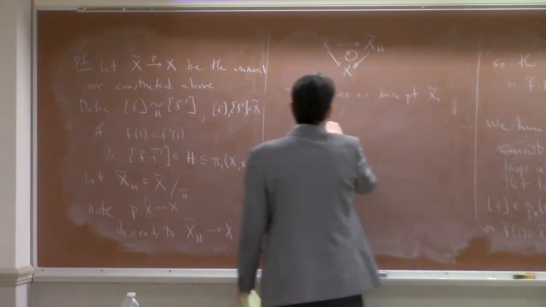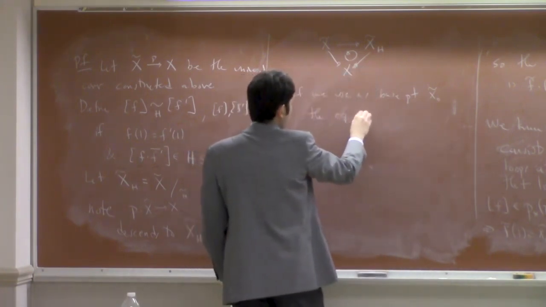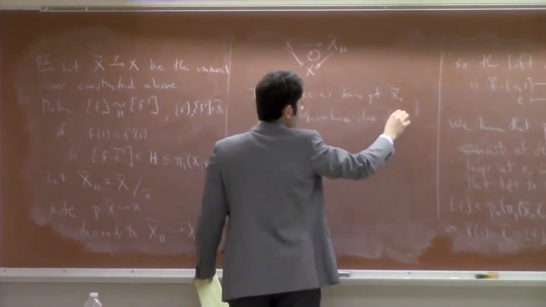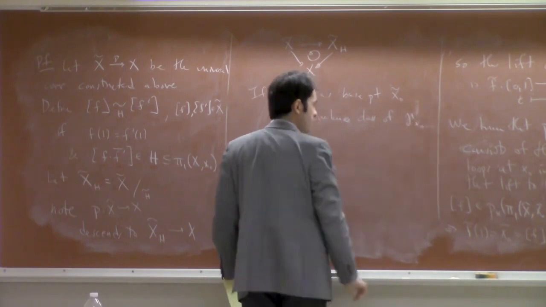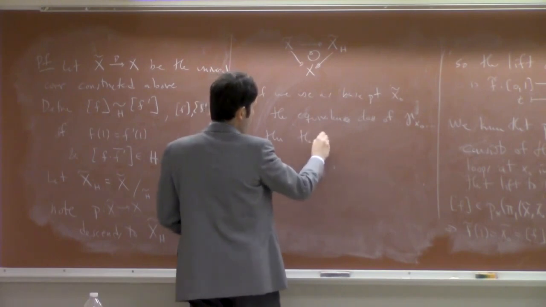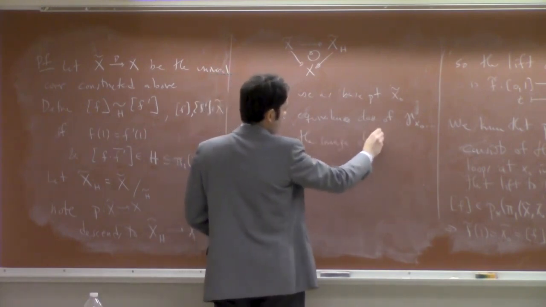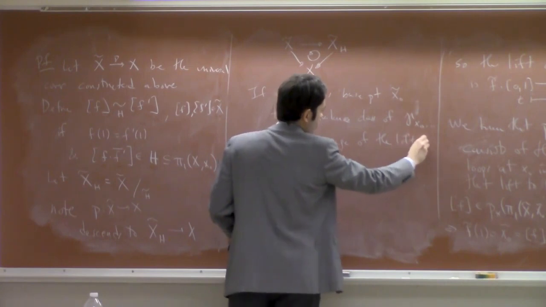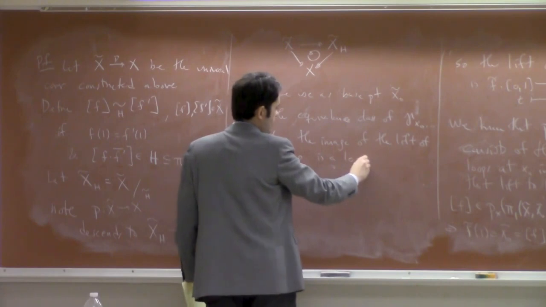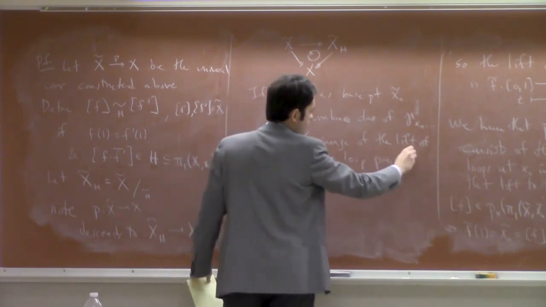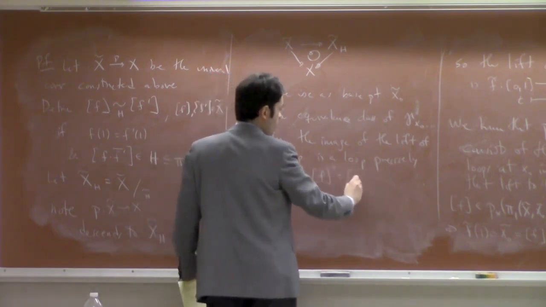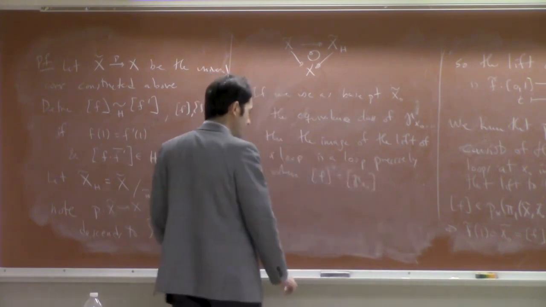As base point, the equivalence class of the constant loop at X naught, then the image of the lift of a loop is a loop precisely when its homotopy equivalence class is equal to the equivalence class here.